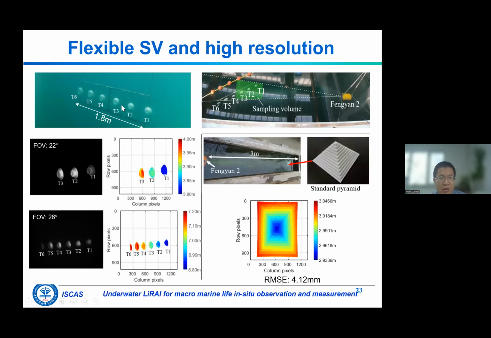This shows the result for 3 targets. Here are 6 targets, and the 6 targets can all be captured by the sampling volume adjustment. Here shows the result of the resolution. The spatial resolution is about 1 millimeter, and the range resolution is about 4 millimeter.